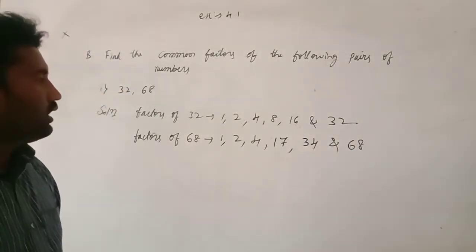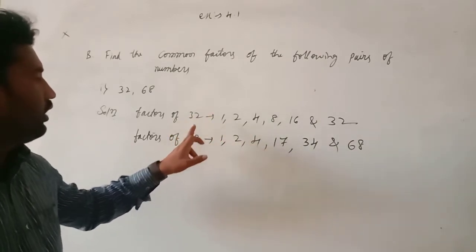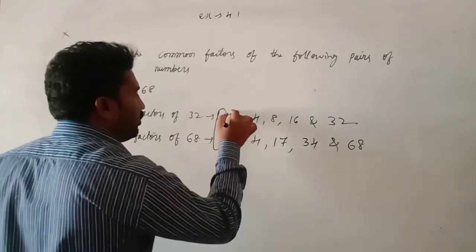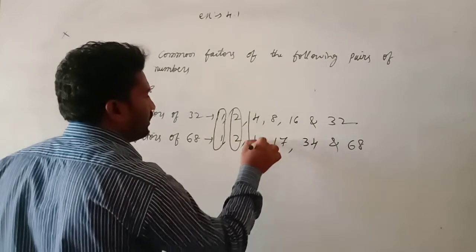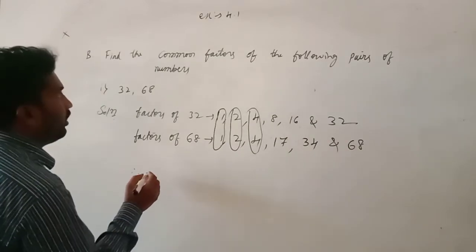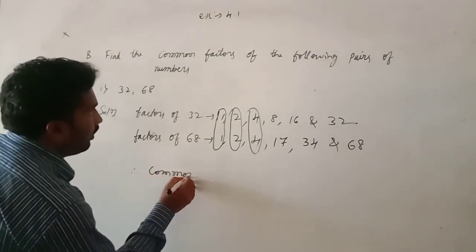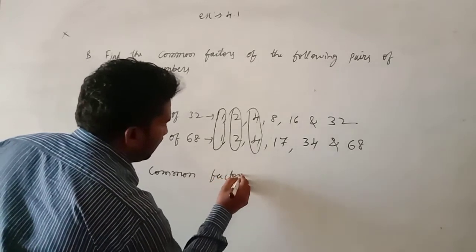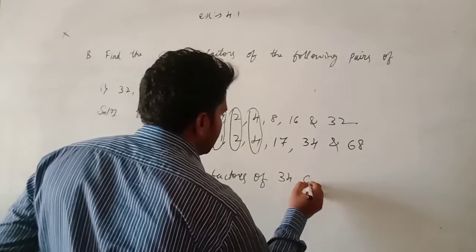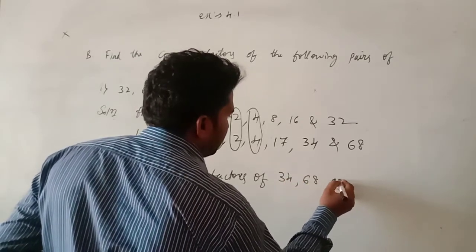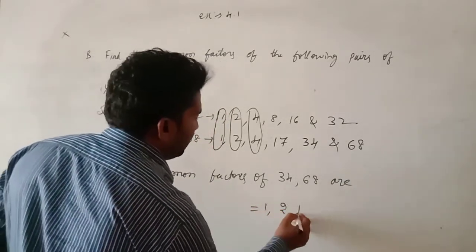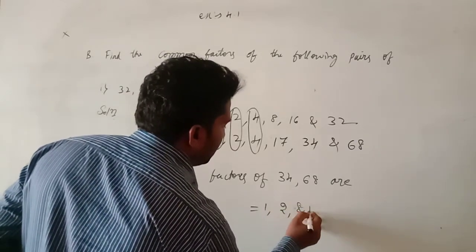So what are the commons in these two lists, the factors of 32 and the factors of 68? We see 1 in both, 2 in both and 4 in both. So 1, 2 and 4 only. Therefore the common factors of 32 and 68 are 1, 2 and 4.